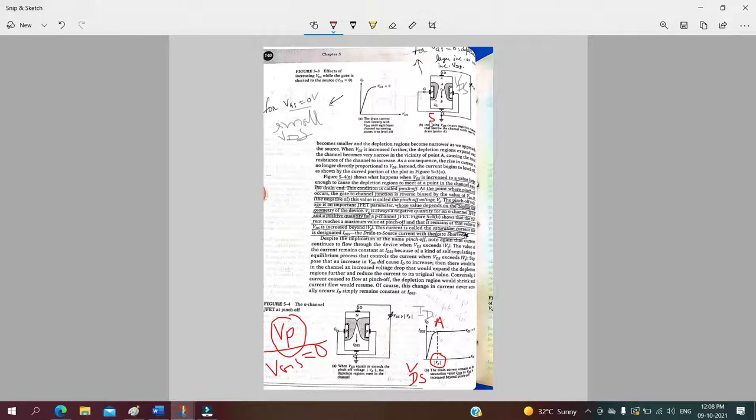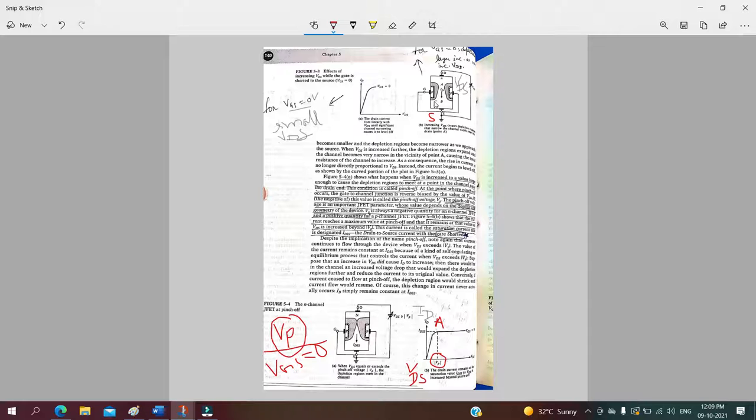That is why this depletion region is not rectangular in shape, instead it is wedge shape. The width of the depletion region is more near the drain end than at the source end. So when VDS is increased, the width of this depletion region increases.